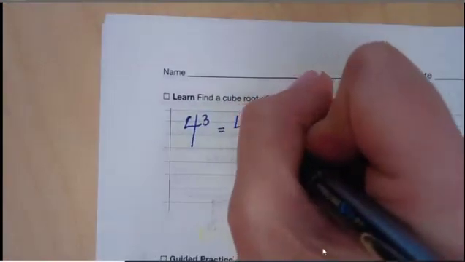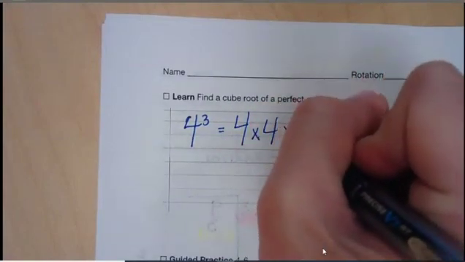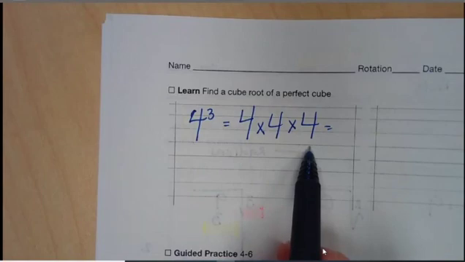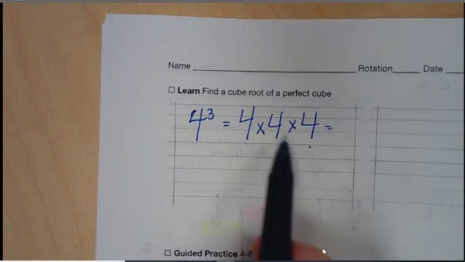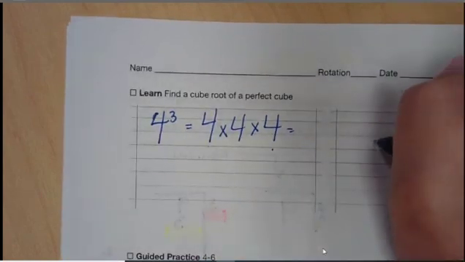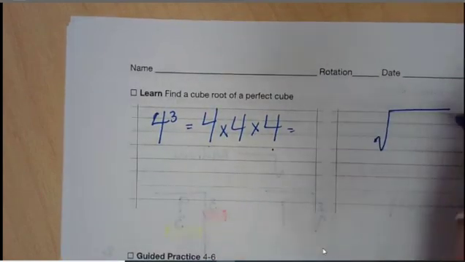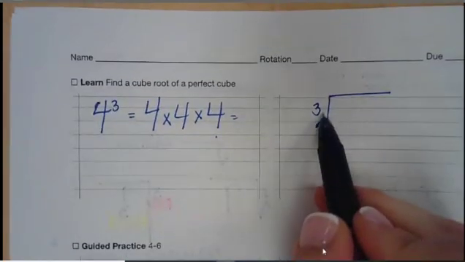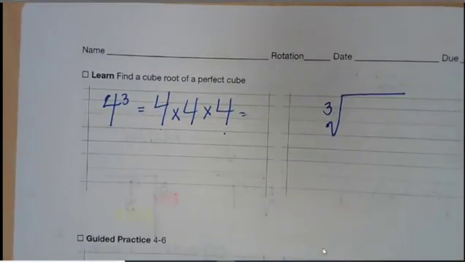Like 4 cubed, that was 4 times 4 times 4. You took the base number times itself 3 different times because of the exponent. So when we're finding the cubed root, you'll see the radical, and it will have a cube right here, or the exponent of 3.